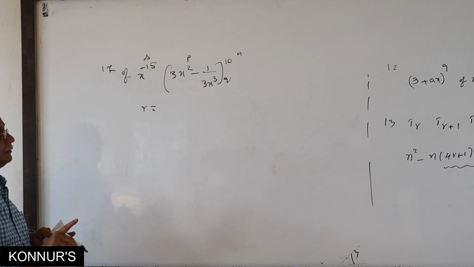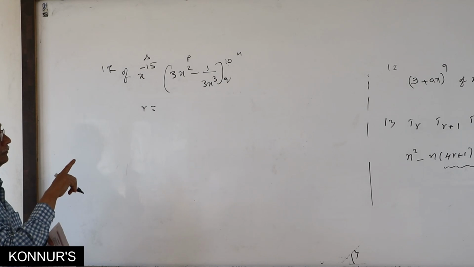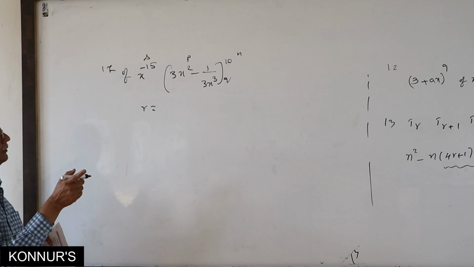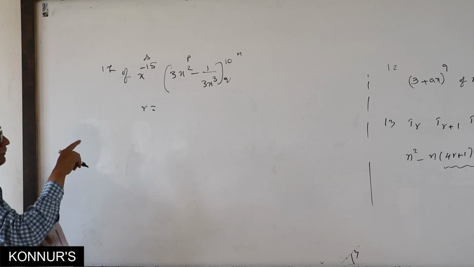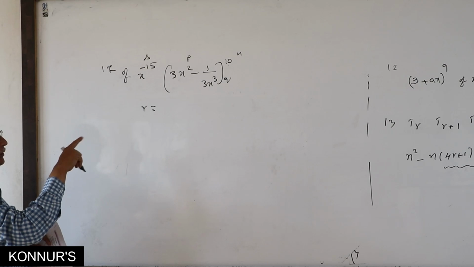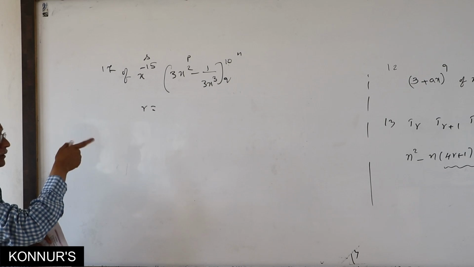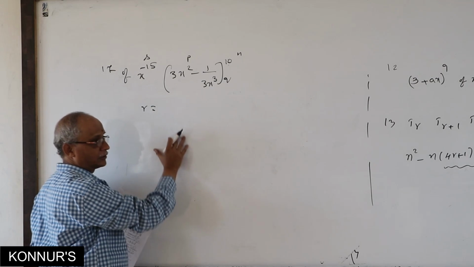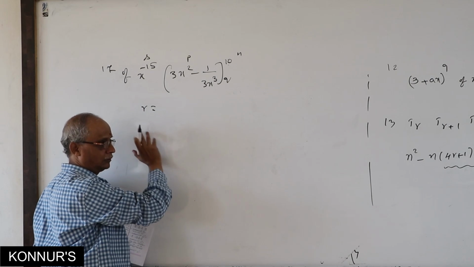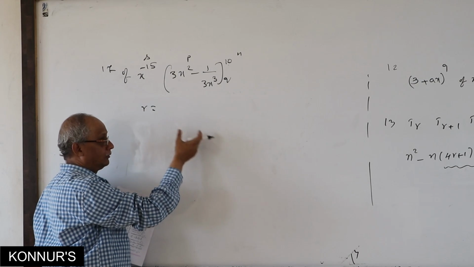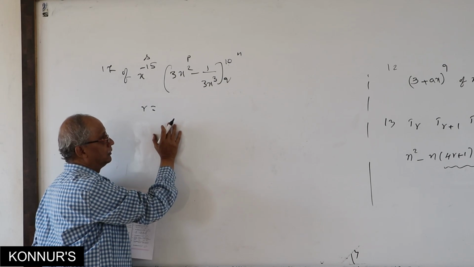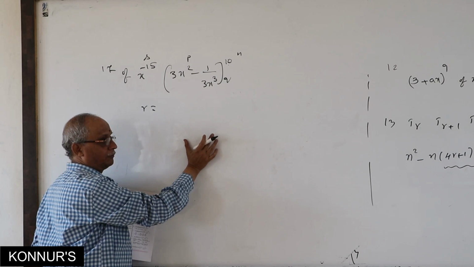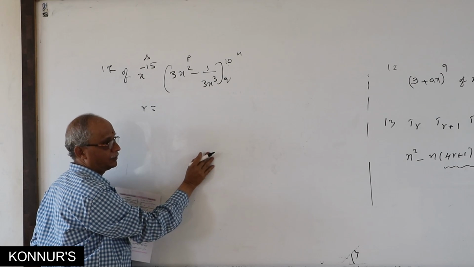What is the r formula? NP minus S, by P plus Q: 20 plus 15, 35 by 5, cancel, 7. 7 means r plus 1, so the 8th term is the answer. You have to develop this way of calculation. Don't think I am doing something you don't know. The way you have to improve is to calculate orally. If it is essential, write it down on paper.